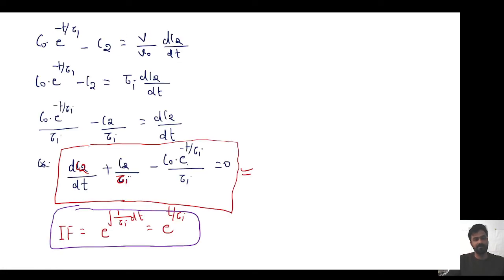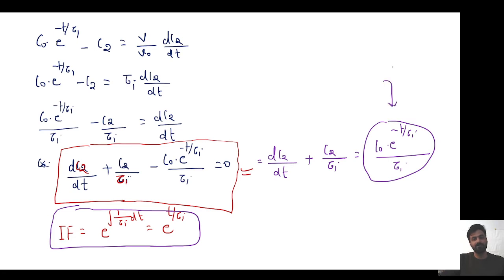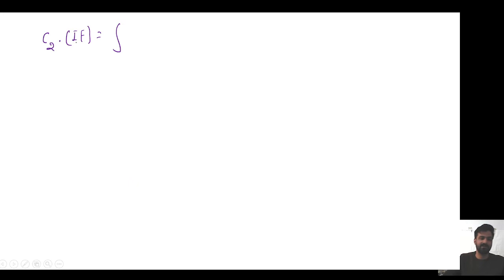Can I write C2 into integrating factor, if you are assuming this is in the form dC2 upon dt plus C2 upon tau I, that is equals to C naught e to the power minus t by tau I upon tau I. So if I am assuming this one as Q, that is the general procedure of solving this differential equation.